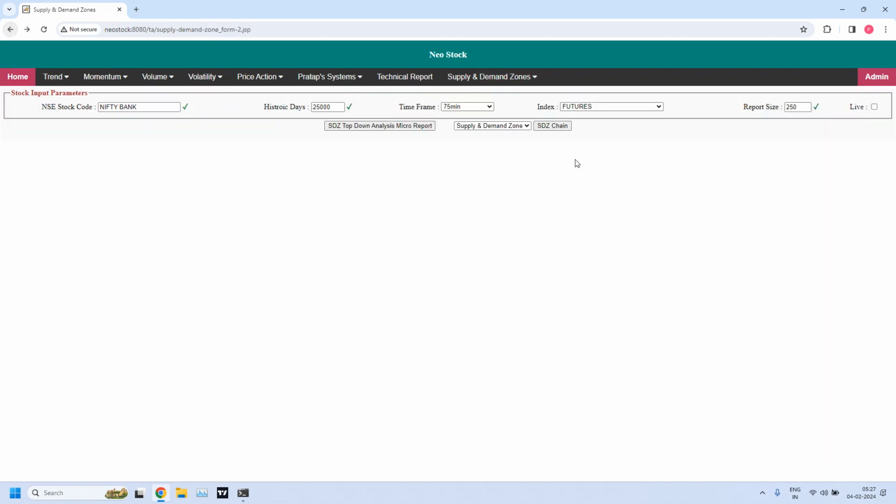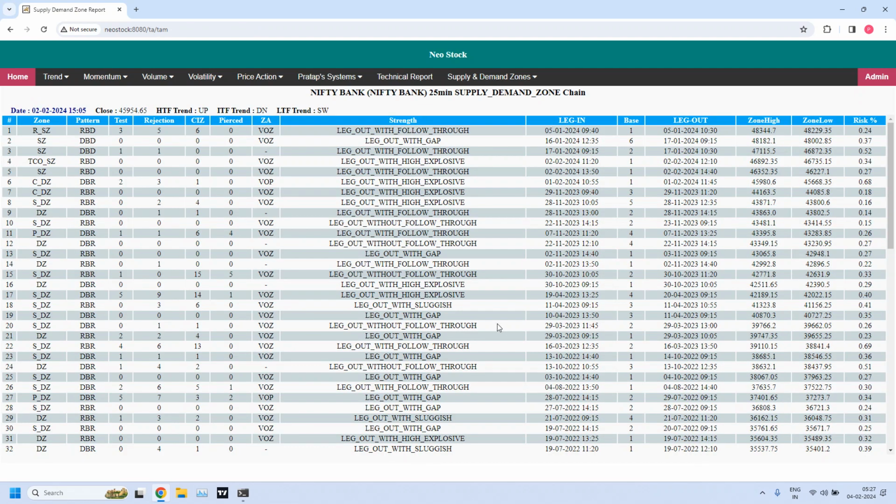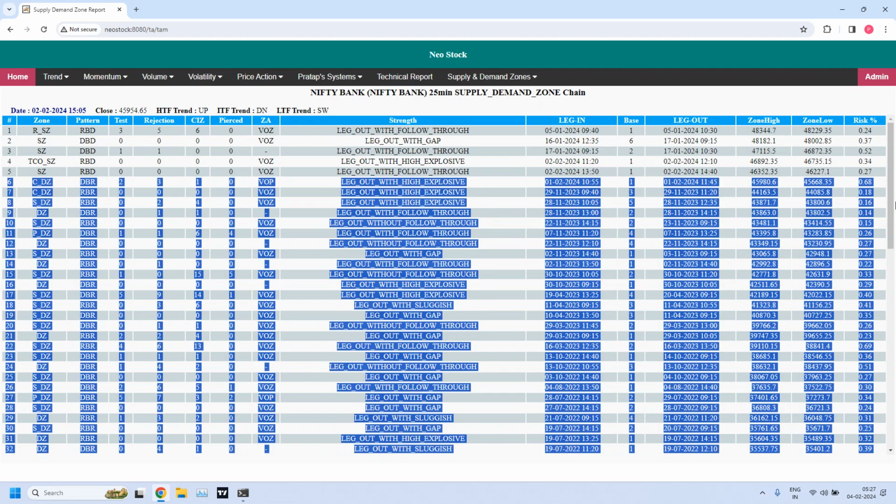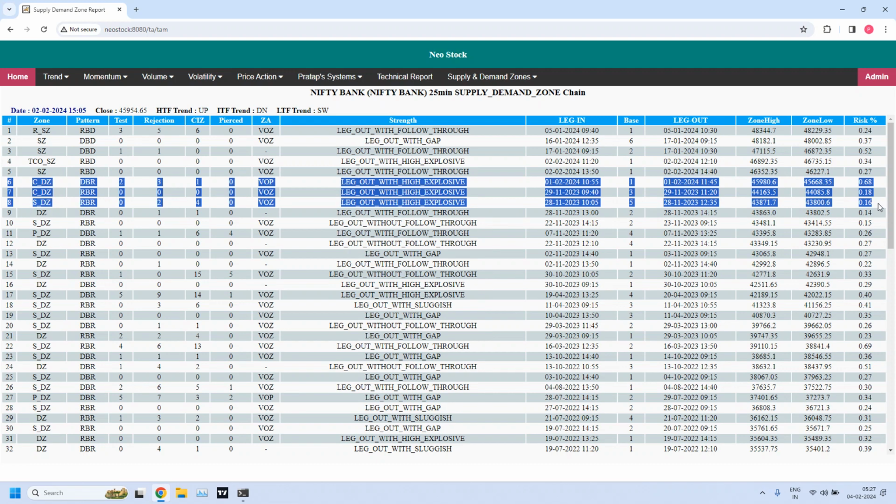Now let us change the time frame to 25 minutes. So here it is having 5 supply zones. Immediately there are support zones. Continuously 3 zones at the 25-minute level, 45,982 to 43,000.